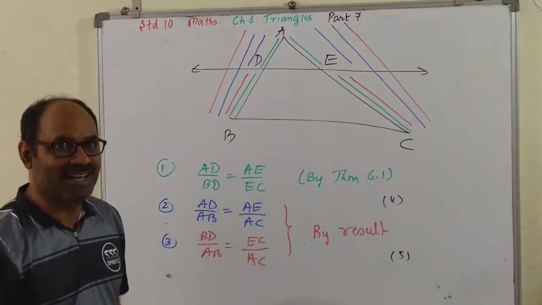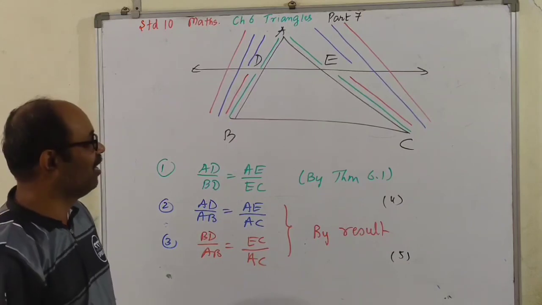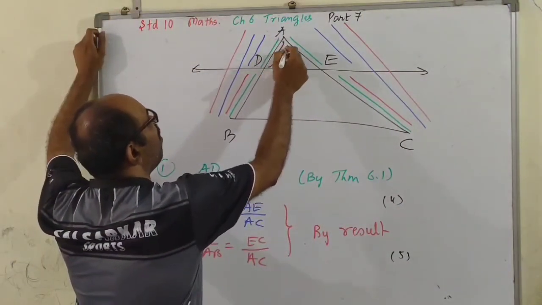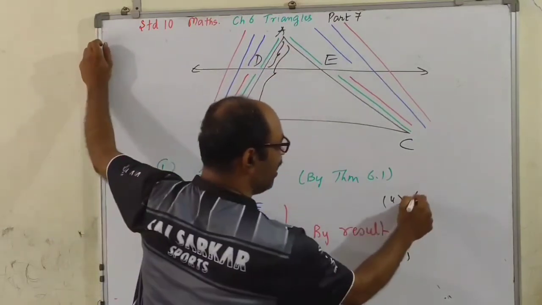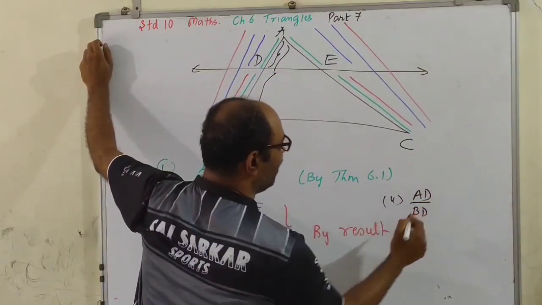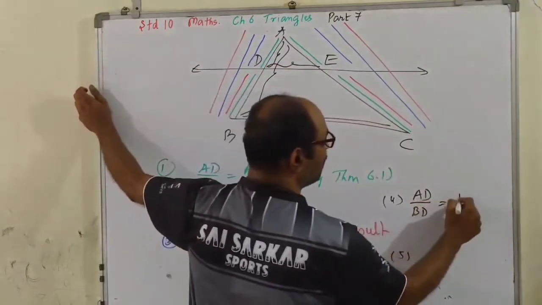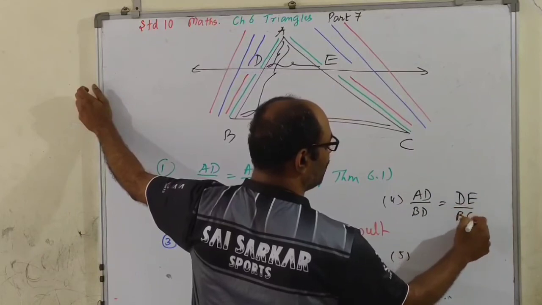By AA corollary, what did you get? Thus, AD upon AB is equal to DE upon BC.